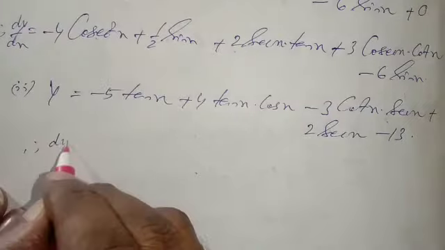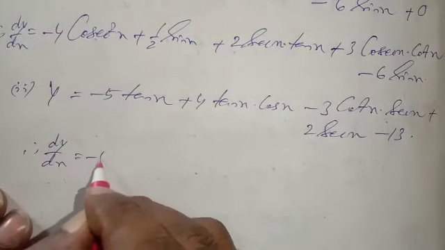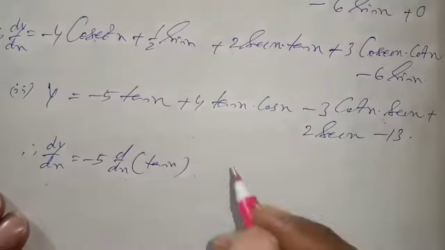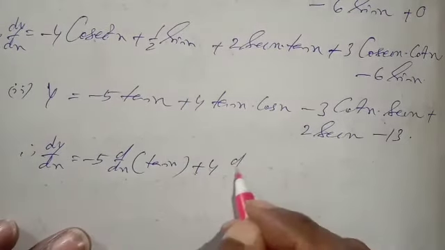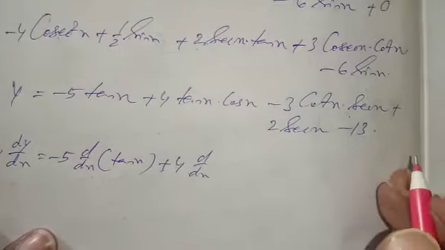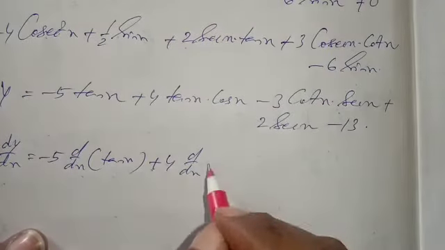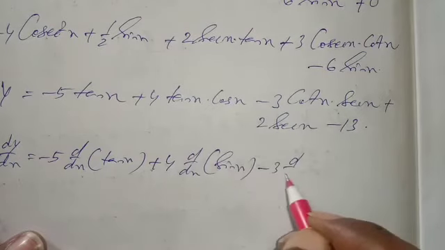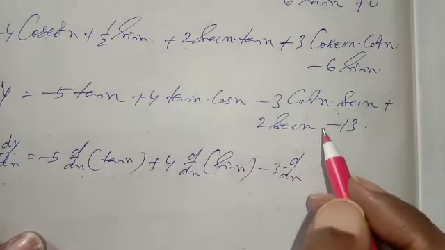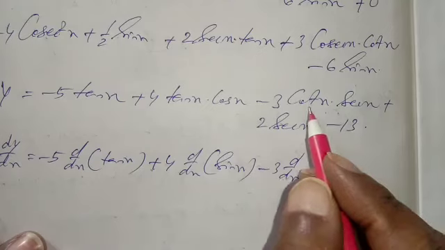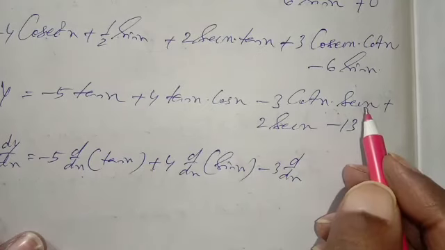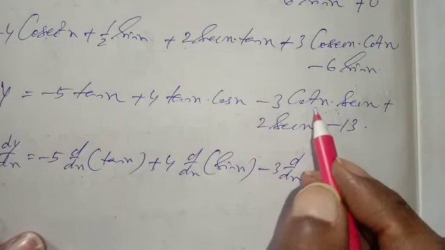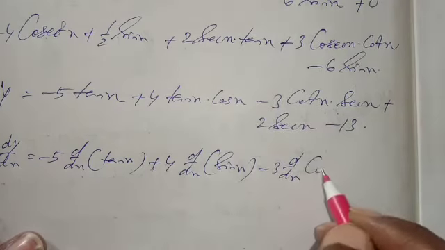Therefore, dy by dx: minus 5 taken outside, d by dx of tan x, plus 4 taken outside, d by dx of tan x cos x, meaning sin by cos times cos, cos cancels, so sin x. Minus 3 d by dx of cot x sec x, cot meaning cos by sin x and sec meaning 1 by cos x, cos x cancels, and 1 by sin means cosec x.